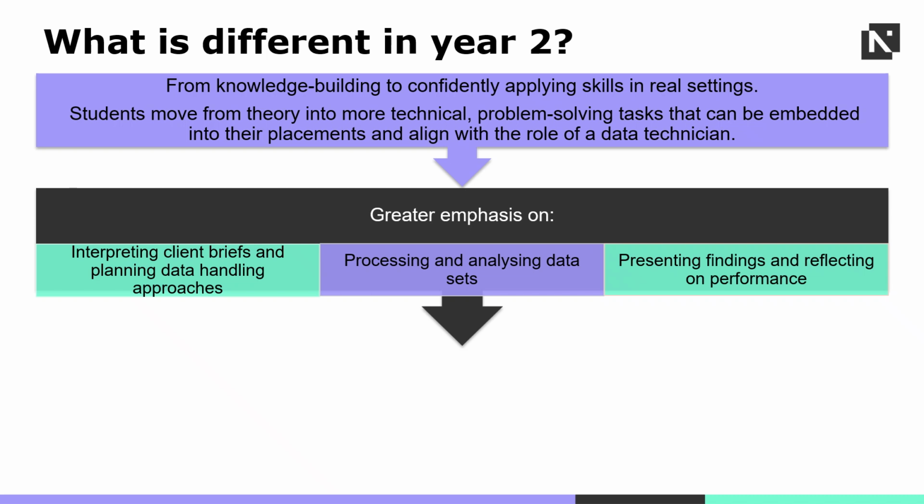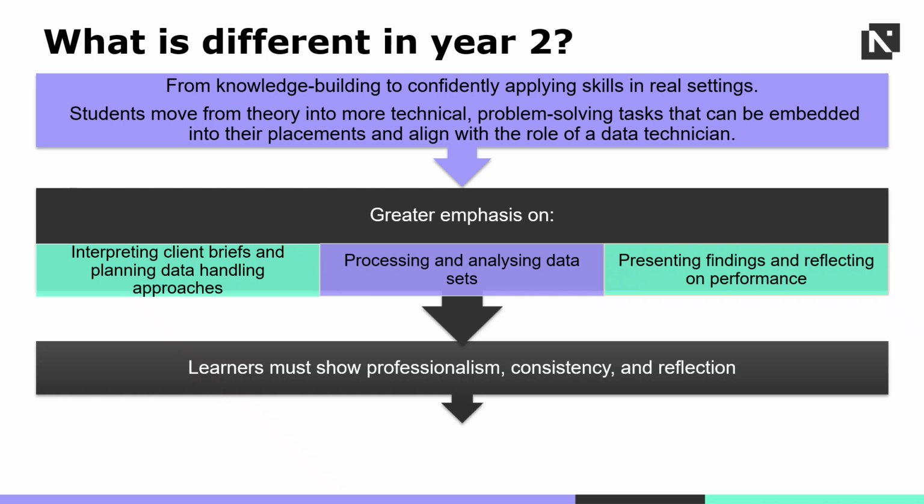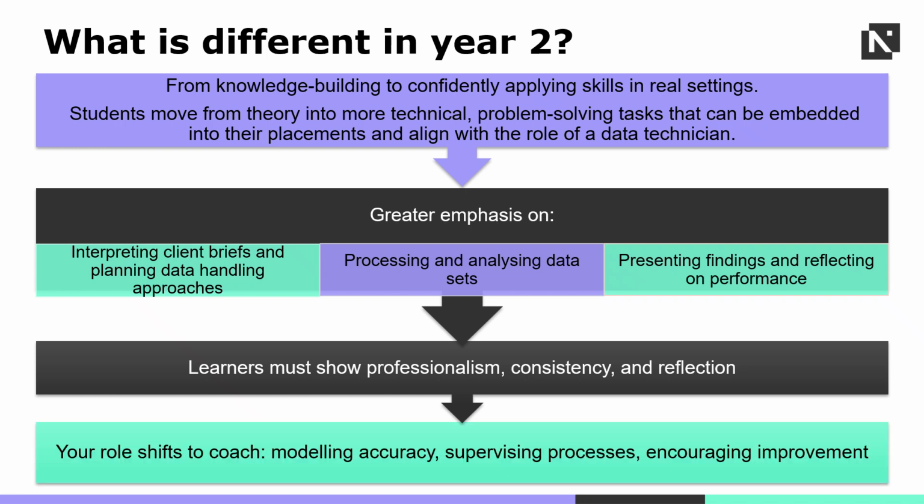They'll also need to present their findings professionally using appropriate formats. And they must be able to reflect on their own performance and suggest improvements. So in Year 2, the expectations are technical, structured and closely aligned with real-world data practices.